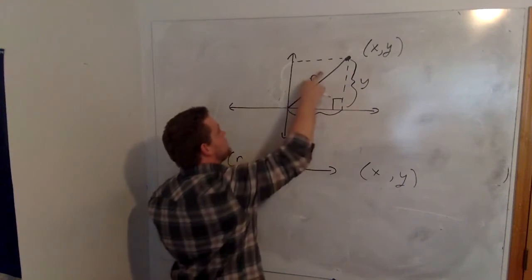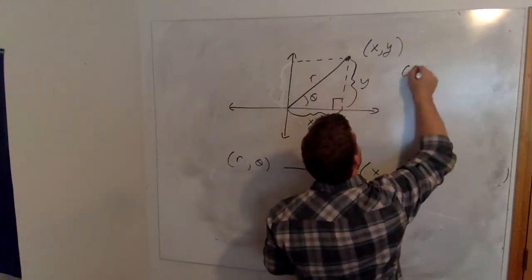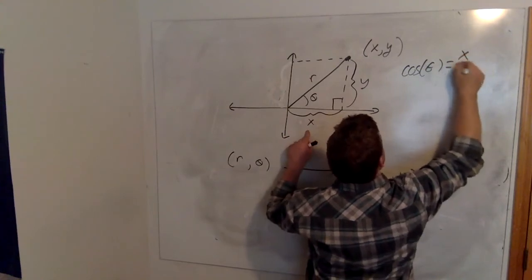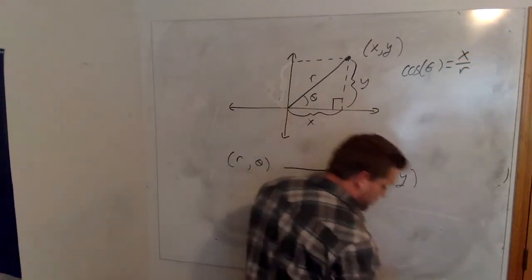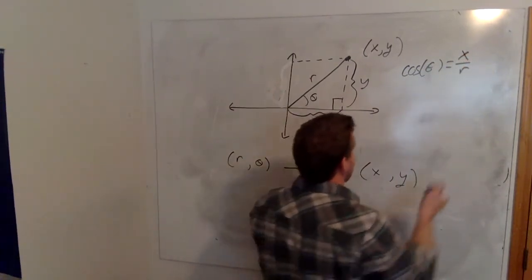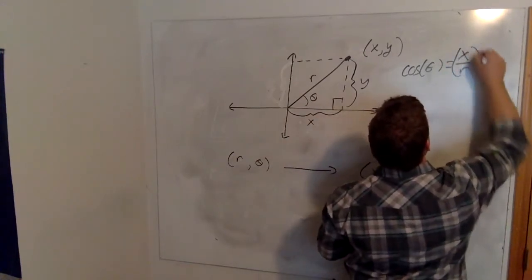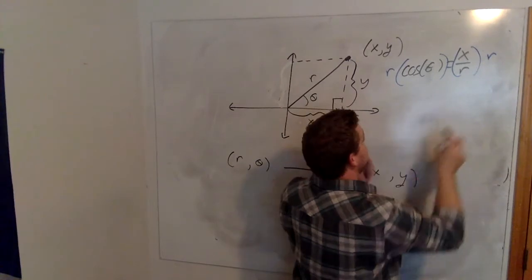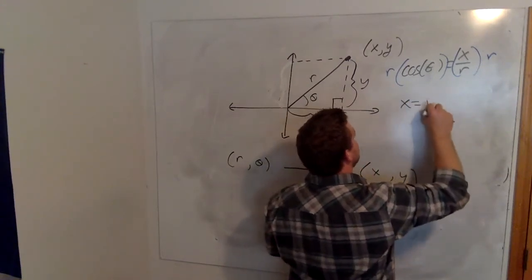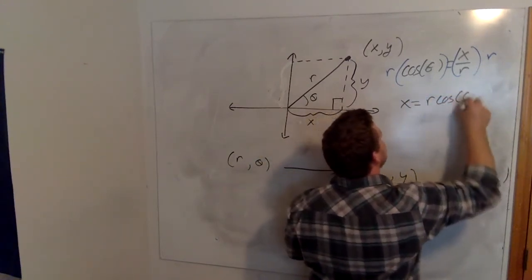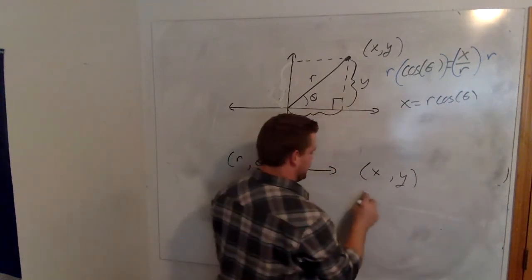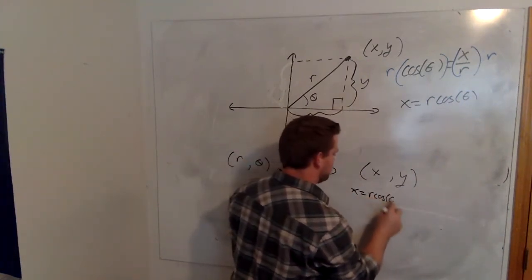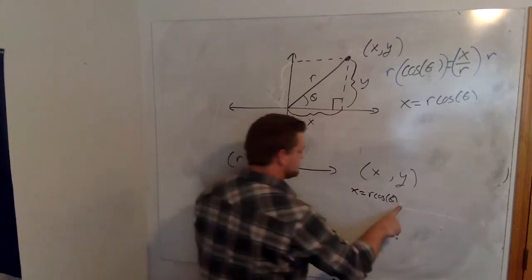Adjacent and hypotenuse reminds me of cosine. So cosine of theta is x over r, and we can multiply both sides by r to get that x is equal to r cosine of theta.